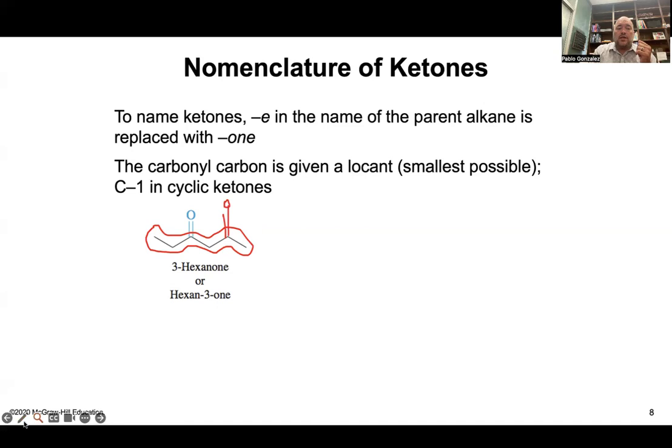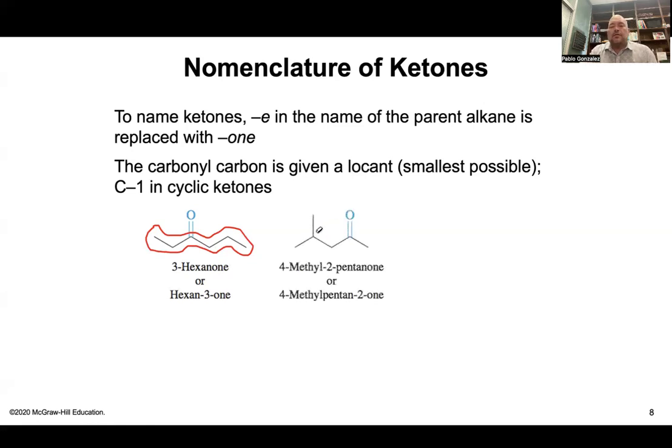So it's really important for us to give the locant to each carbonyl group, because the ketone is going to be different from the aldehyde. In the ketone, that carbonyl could be on different carbons in the same chain. So that's why we need to give the specific locant of that carbonyl group.